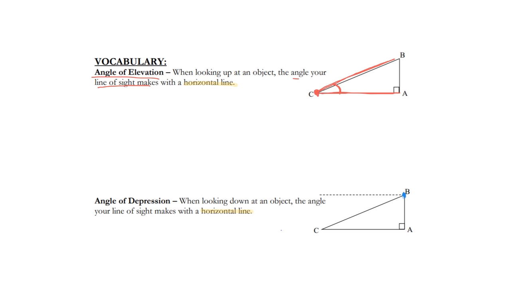And again, you are at first looking straight out. This is the best way I can remind you of doing this. You're looking straight first. You're not looking up in the air. You're not looking down at something on the ground. You're looking straight, horizontal. And then you notice something down below. So now you're looking down here. That is your angle of depression.